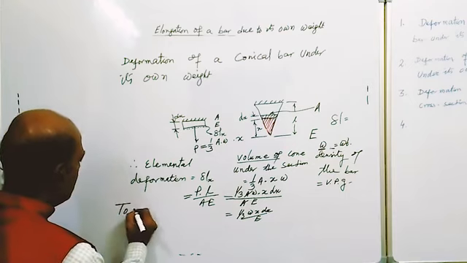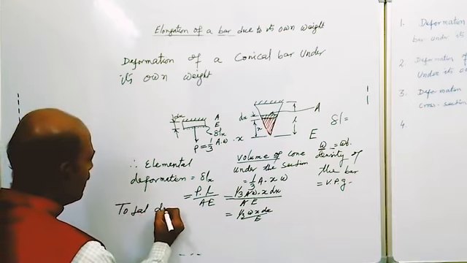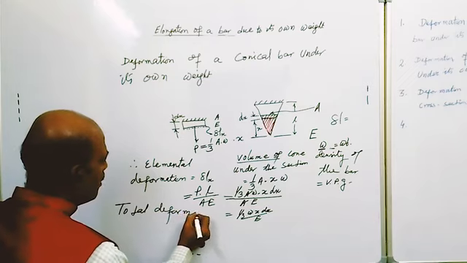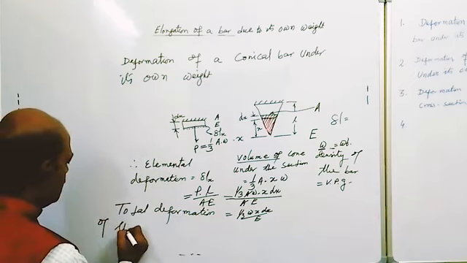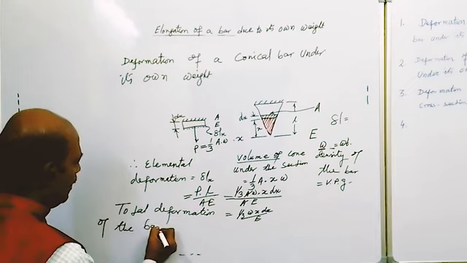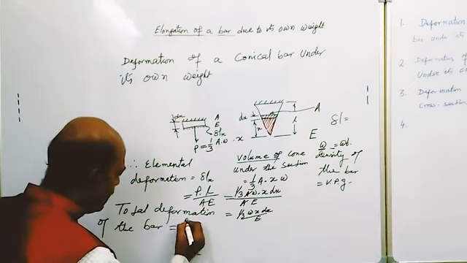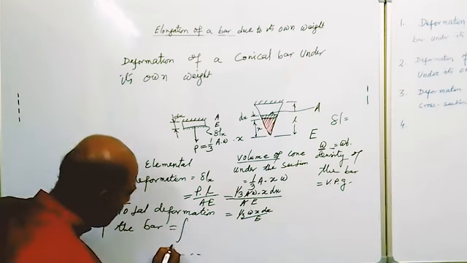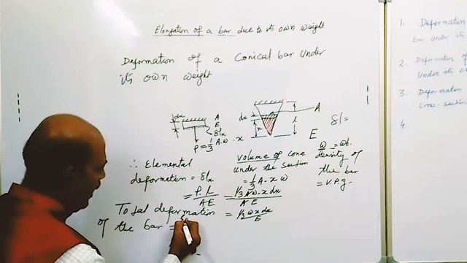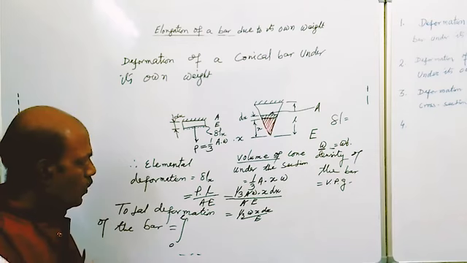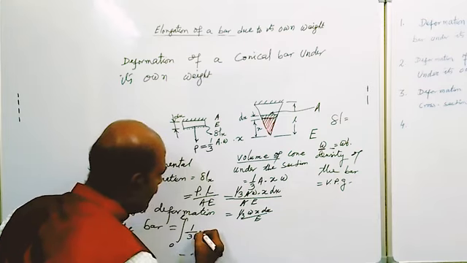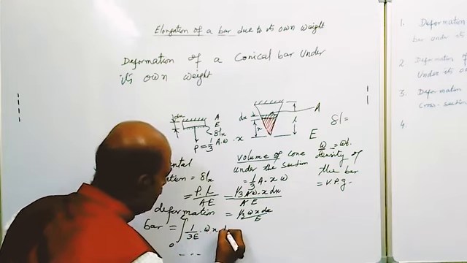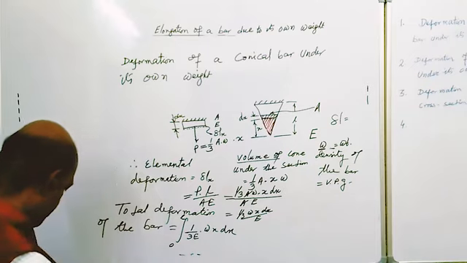The total deformation of the bar is given by the integration of this elemental formula from 0 to L, that is 1 by 3E into W into x into dx.